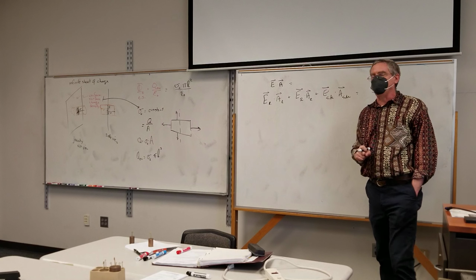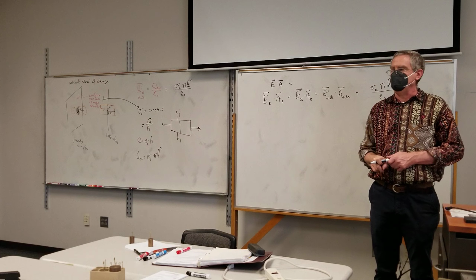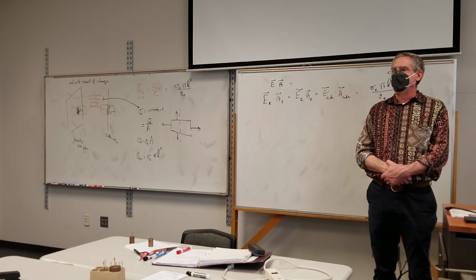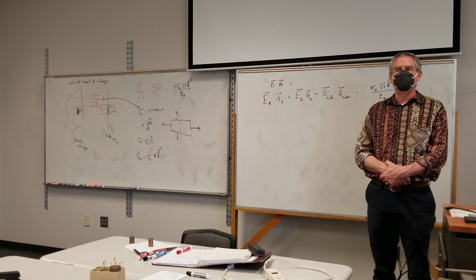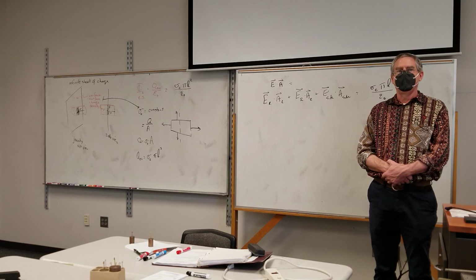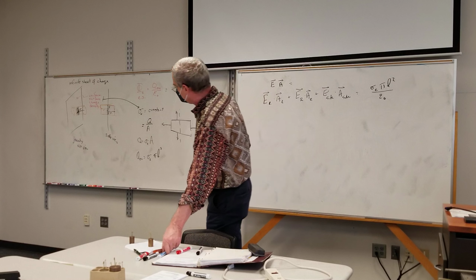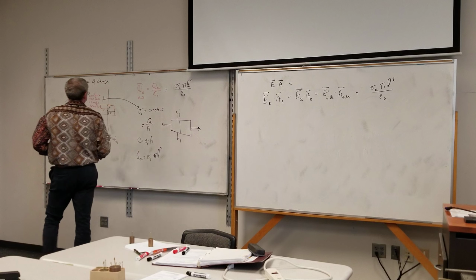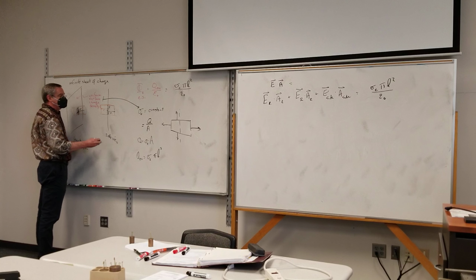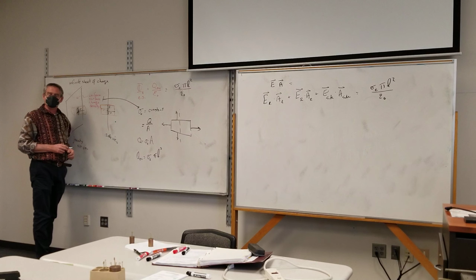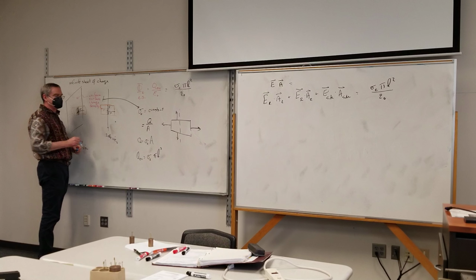Which way is the electric field going to point from this infinite sheet? I got my infinite sheet here. I'm trying to figure out what is my electric field, let's say at this point right here, from this charge right here.